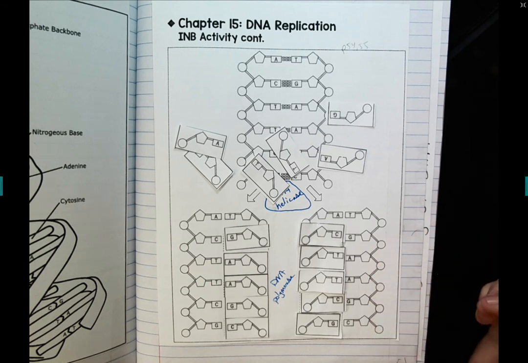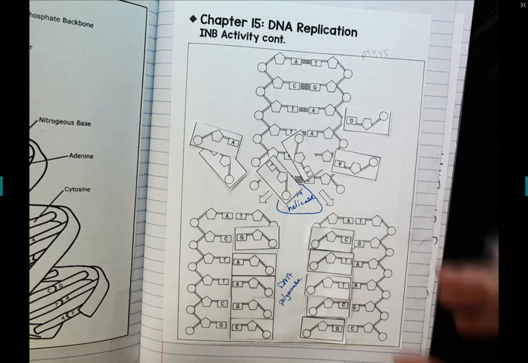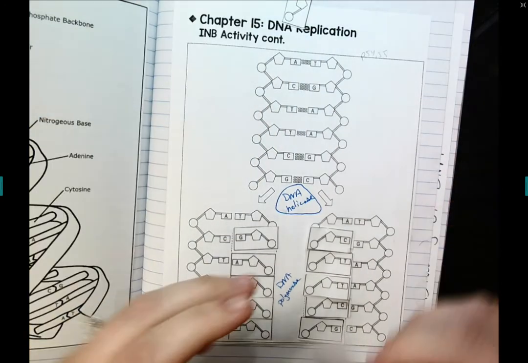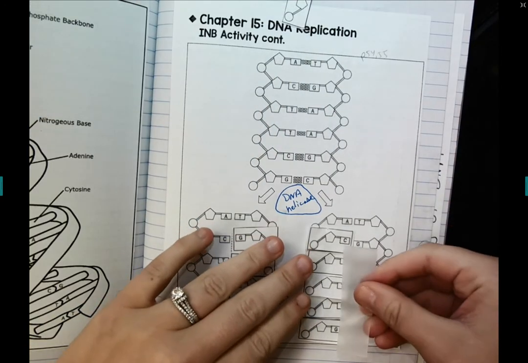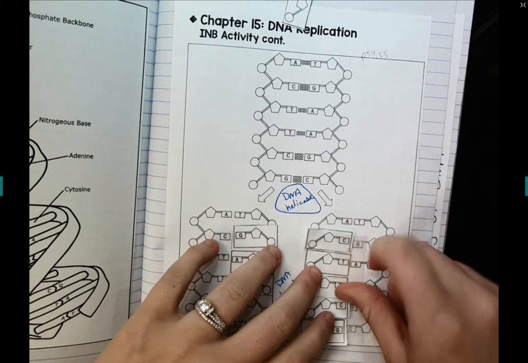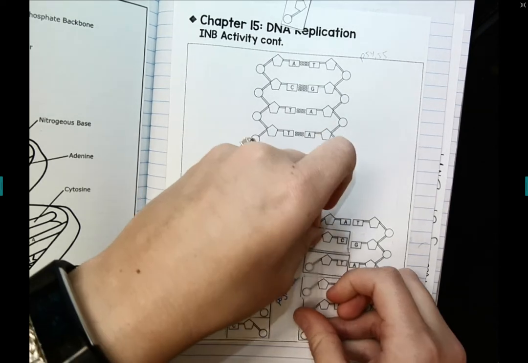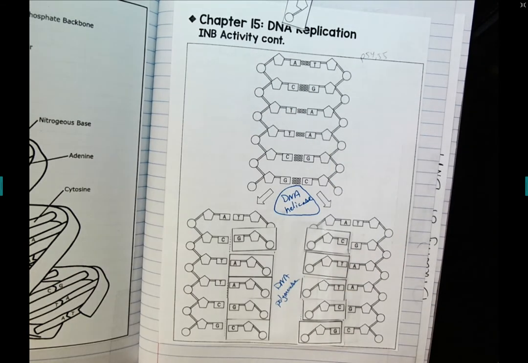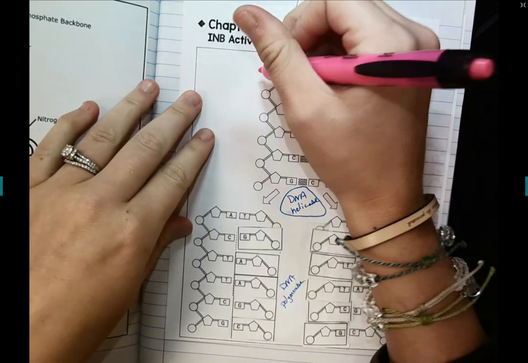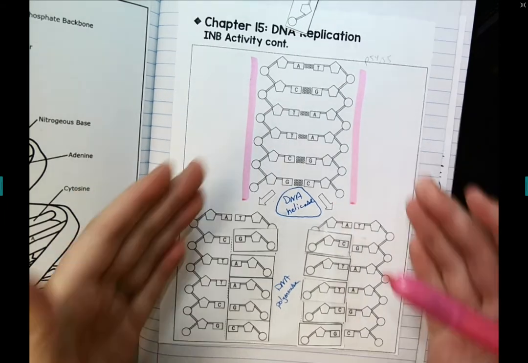So I'm going to use a piece of tape real quickly to tape down my newly formed double helix. So just put a little right there. And then I'll add another piece here on the other side. There we go. So what I have here is my original parent strand. It was broken apart.